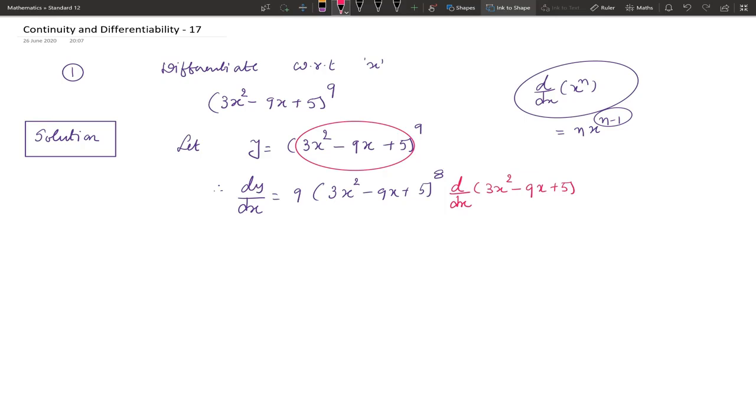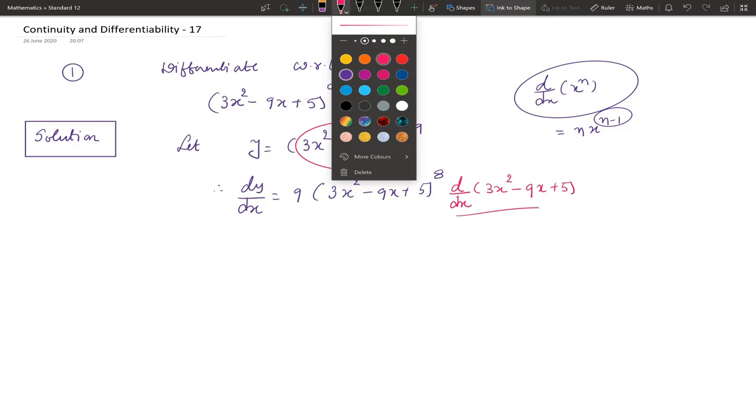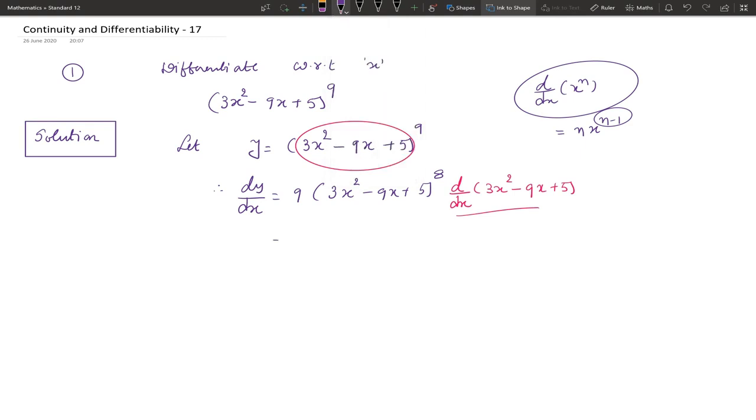So now let us simplify, and at the same time we will differentiate this thing. So this is 9 into (3x² − 9x + 5) raised to 8. Now this is 6x minus 9. Further simplification is possible. You can simplify it.